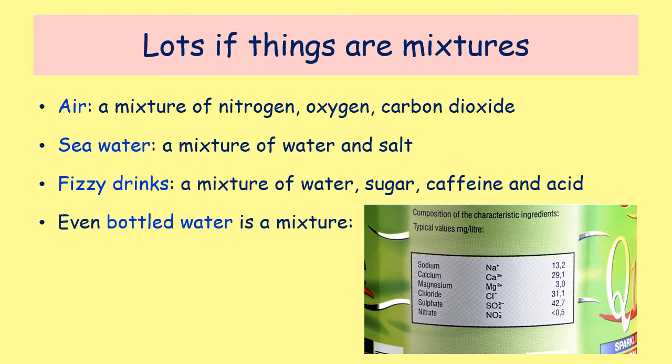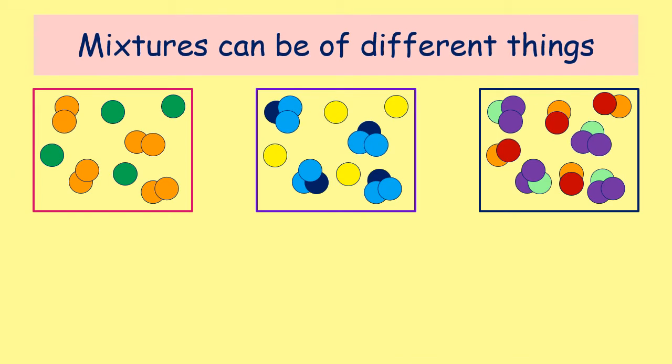It's a mixture. Now, mixtures can be of different things. So if you look at the box on the left, we can see that inside there we've got two things. We've got the green atoms and then we have got the orange atoms. If we just look at the green atoms, we can tell there's only one type of atom, they're all the same thing, and that would represent an element.